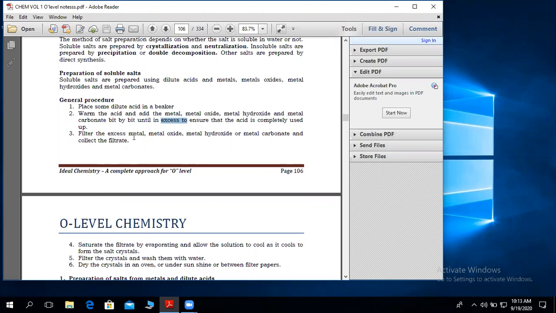Filter off the excess metal, metal oxide or metal carbonate, and collect the filtrate.